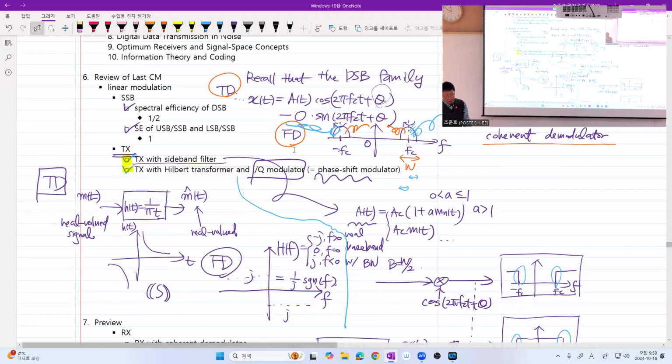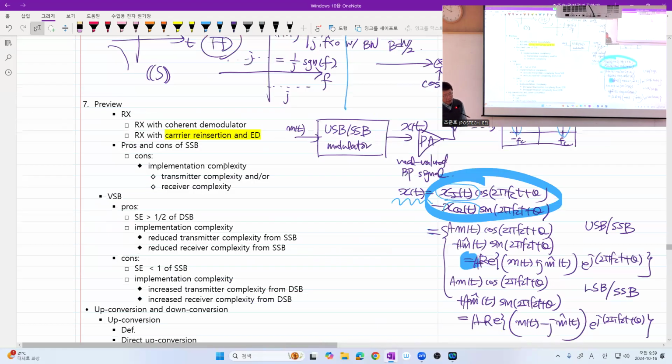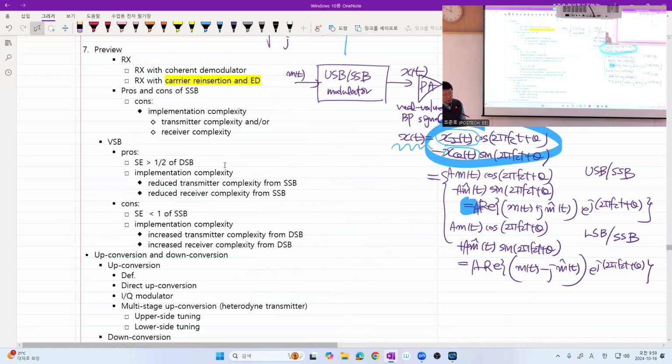So remember that, got it? Anyway, if you read the textbook, you will see why this Hilbert transform based idea was adopted in the early stage, even though this filter requires delay and approximation. But anyway, now here goes the preview. I have reviewed for more than 30 minutes, but I believe that you recovered most of the memory.